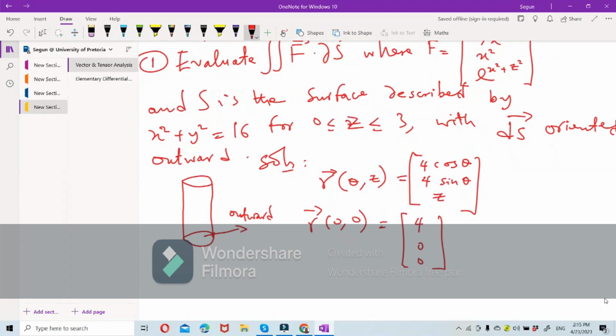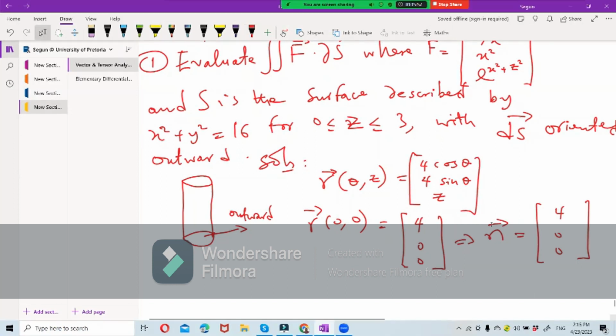That is the same thing as our n factor. Our factor n is the same thing as 4, 0, 0. Our normal unit. That's why they call it n, meaning normal unit. That's 4, 0, 0.